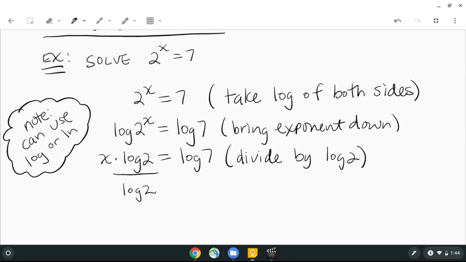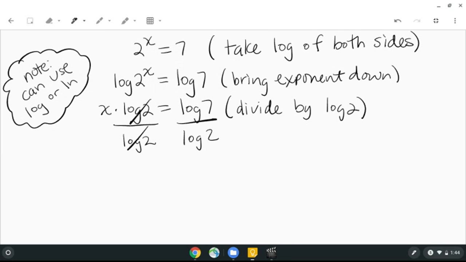Okay, so they cancel out. And what you do to one side, you have to do the other. So here I end up with x equals, if I punch that into my calculator, log 7 divided by log 2, I get roughly 2.807.